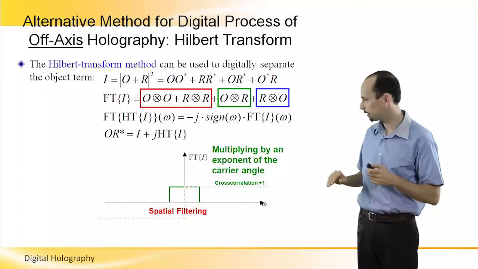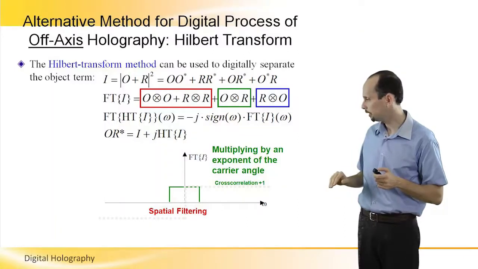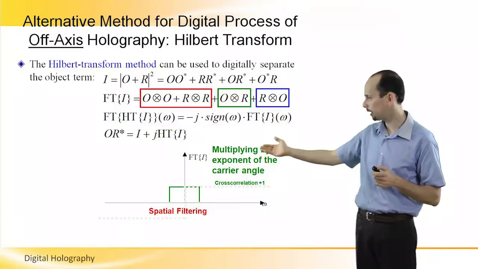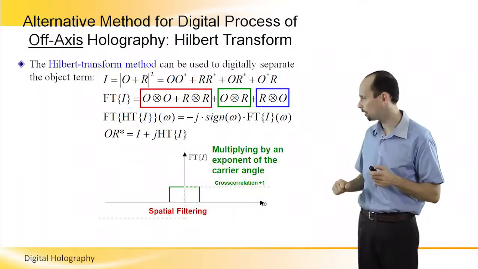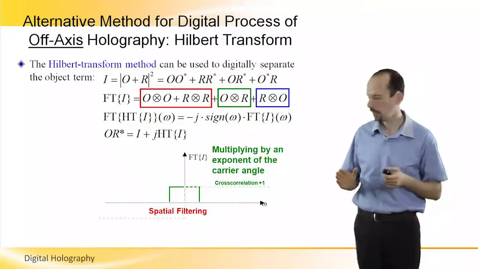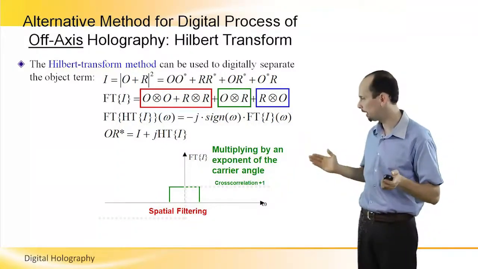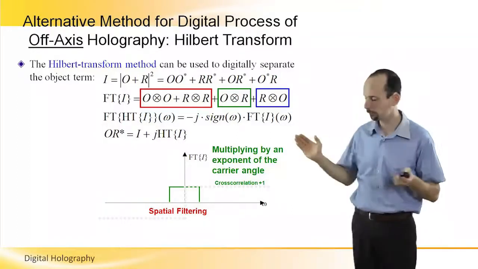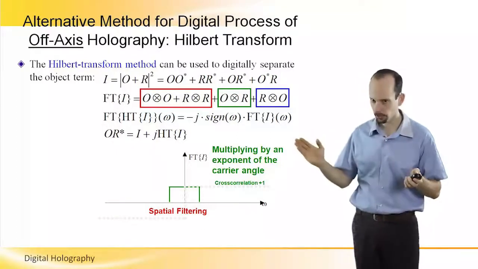And that means that I'm getting rid of the negative cross correlation term, and I'm staying with O R conjugate, and then in the image plane I'm multiplying by an exponent of the carrier frequency in order to effectively center it in the Fourier domain.